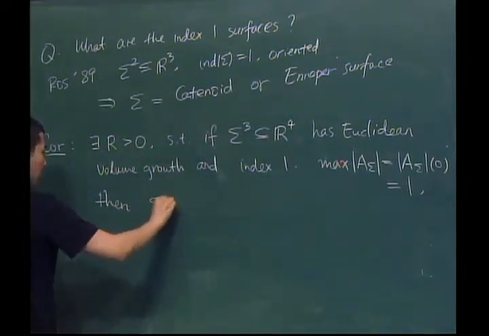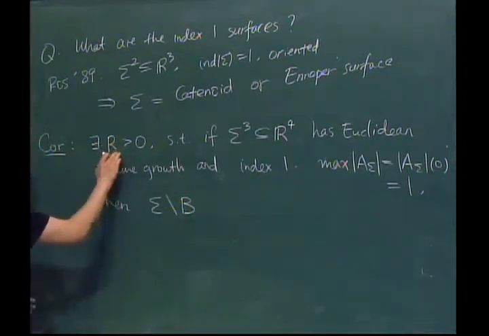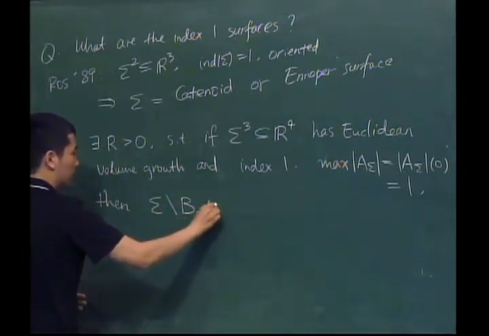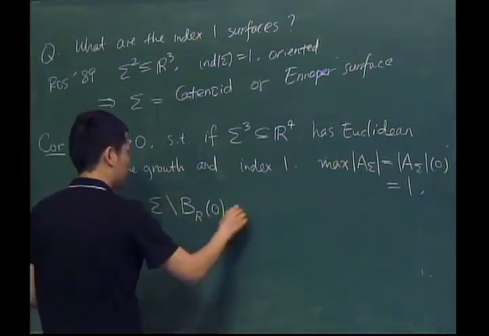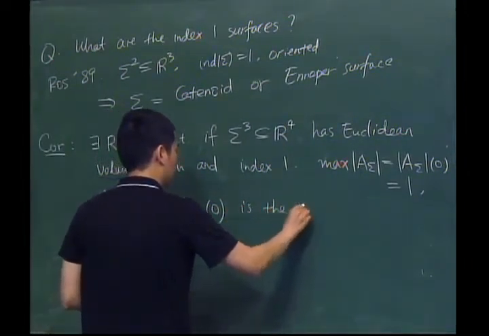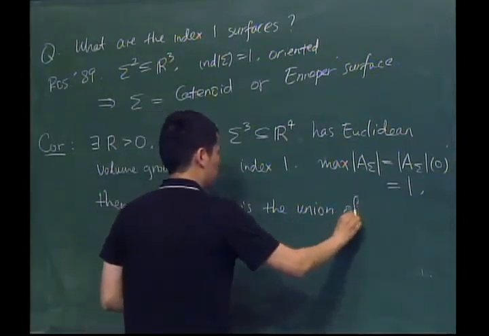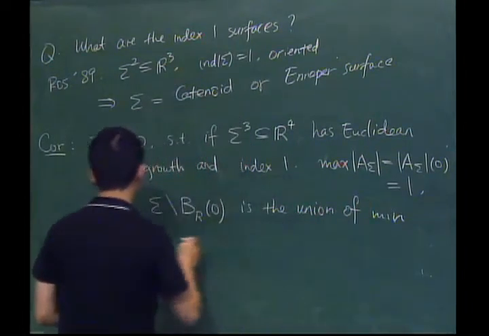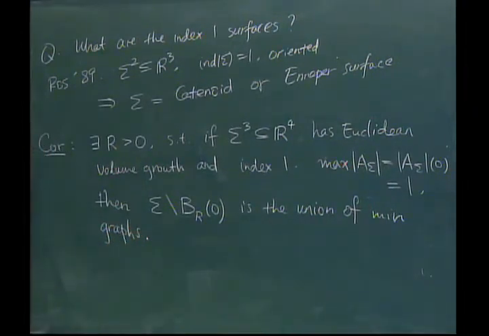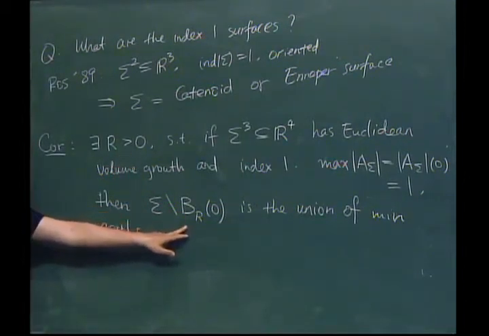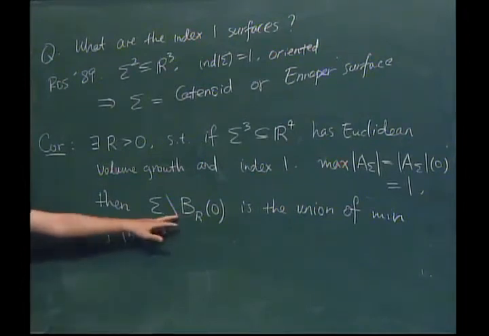Then outside of the ambient ball of this given radius R, the surface has to be a union of minimal graphs. So in other words, any topology, if it happens at all, must happen inside this big ball R. Note that this R is a universal constant.